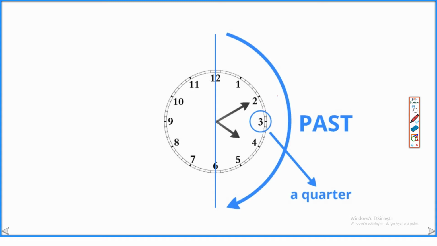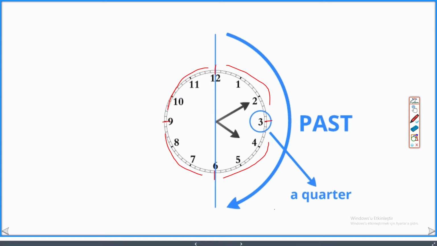Okay, a quarter means we have 4 quarters in a clock, in an hour, I mean. 1, 2, 3, 4. We have 4 quarters. Okay, quarters are very important in telling the time.